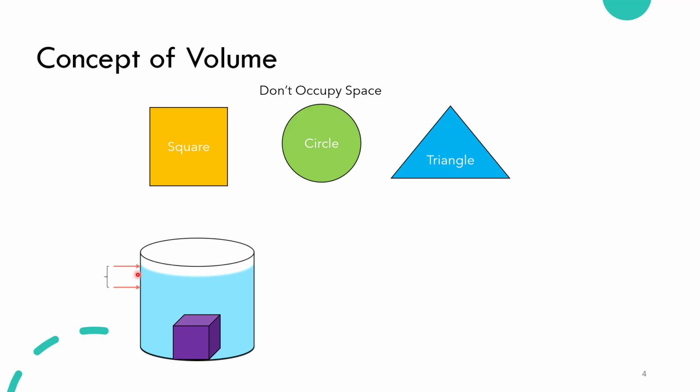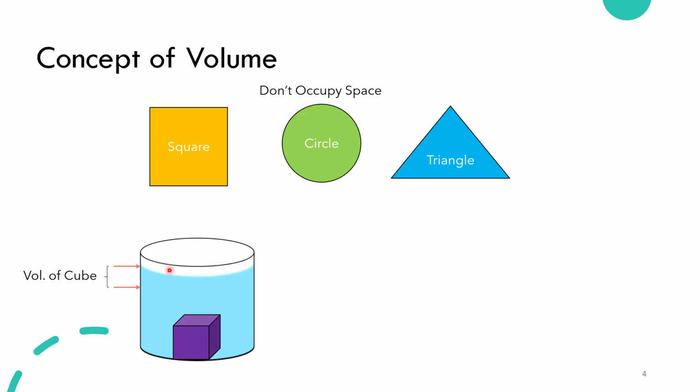So if we are able to calculate the volume of this water which is going up, it will be the same as the volume of this cube. That means the cube is actually displacing the same volume of water. So to make space for this particular cube, the water level is going up here, right?